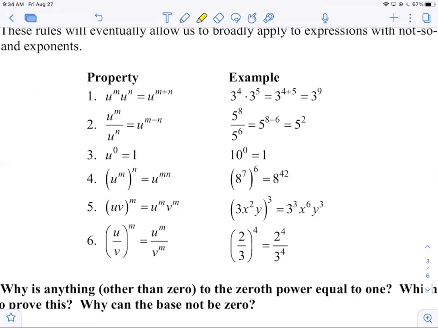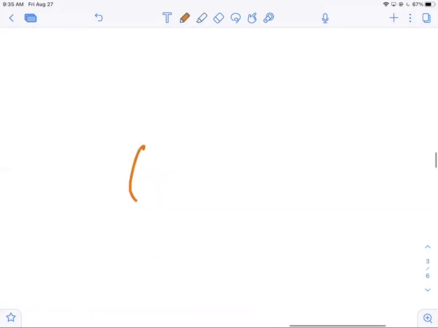Raise a power to a power, exponentiation becomes multiplication. There's an example. Now here's another one that I don't think we've explicitly stated. If you have multiple factors in a group raised to a power, it's like raising each one. So if I have 3x squared y all to the 3rd power, that's like 3x squared y times 3x squared y times 3x squared y.